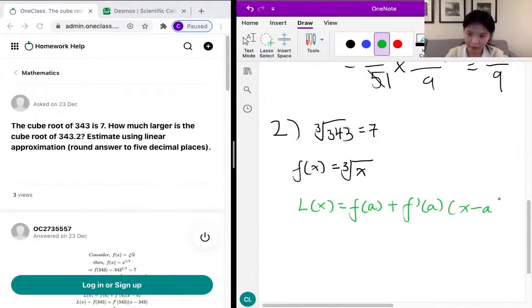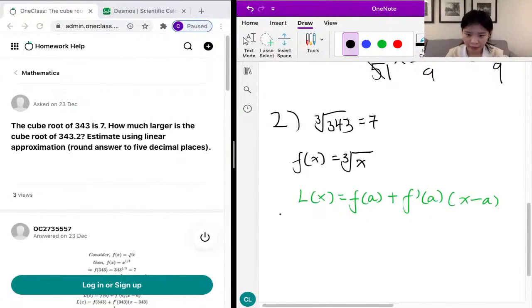Okay, so this is our formula. The first step is to find the first derivative of the function f of x. We know that the cube root of x can also be written as x to the power of 1 over 3, and in order to find the derivative, we just subtract 1 from the power.